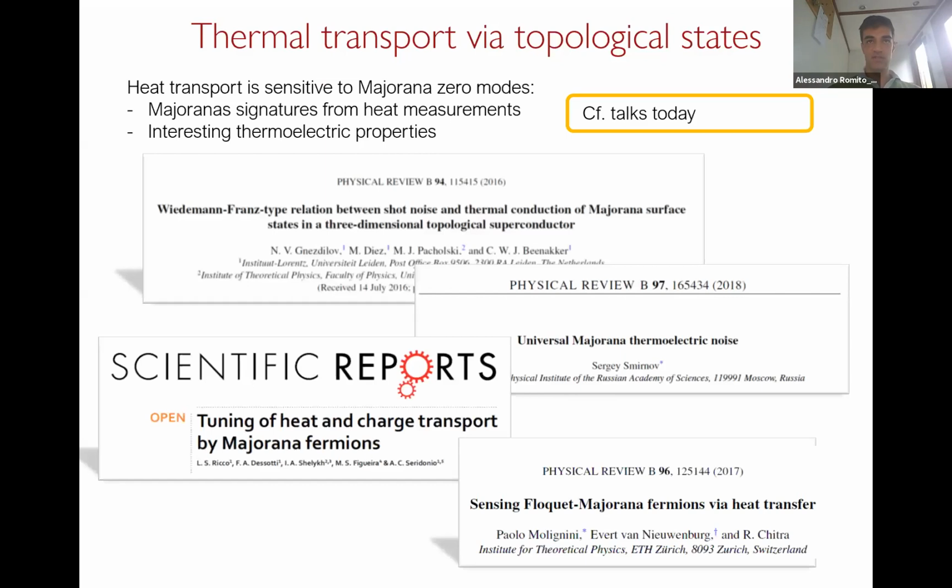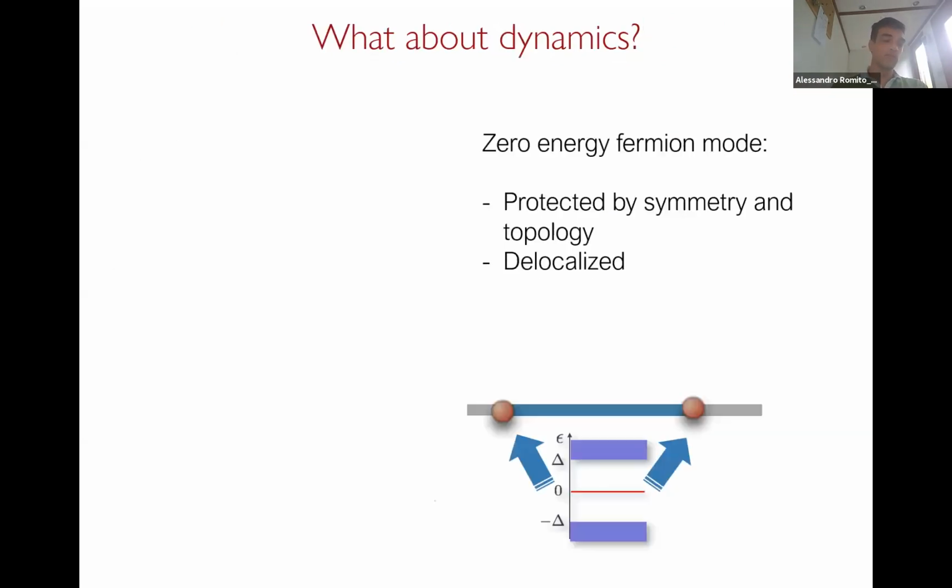Here I just flashed several others. The focus of my talk is to make a step forward. So all the properties discussed concerning the heat transport in the papers I just flashed have to do with the static properties of the system, namely the fact that there are protected zero energy modes, and the fact that these states can be delocalized.